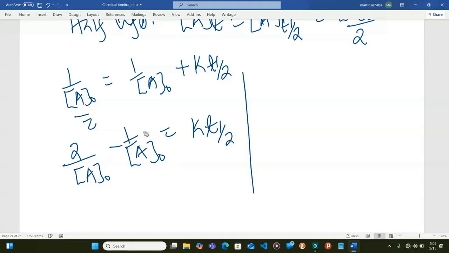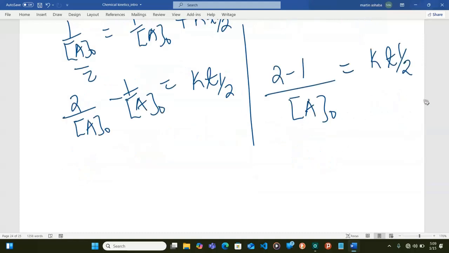So what is this going to be? This is going to be 2 minus 1 divided by the concentration of A at t equal to 0, and this is going to be t half, equivalent to 1 out of the concentration of A at t equal to 0, divided by k.